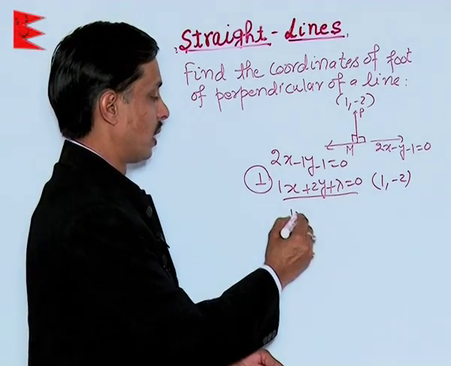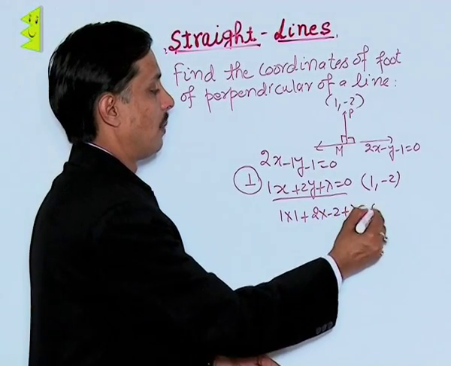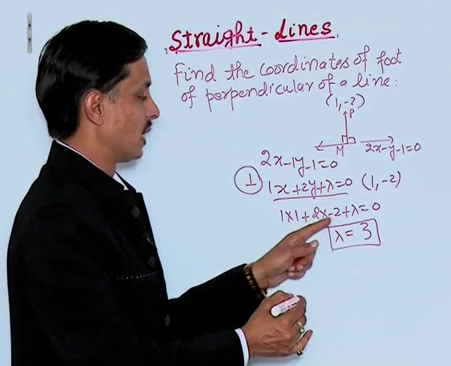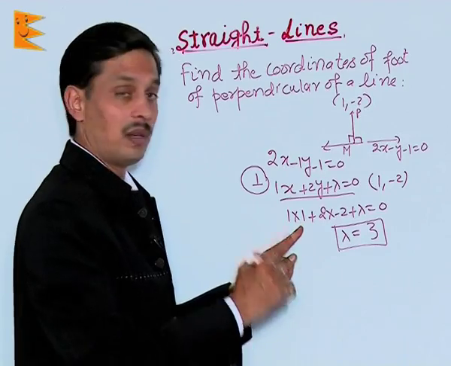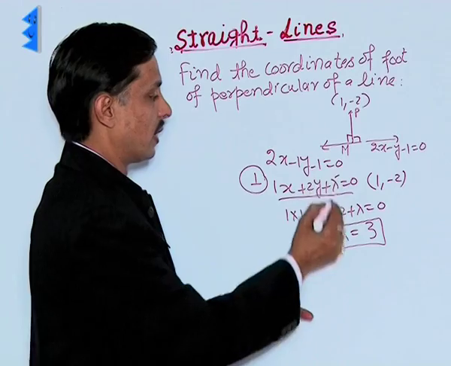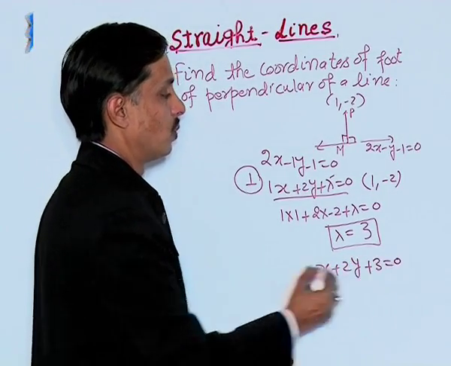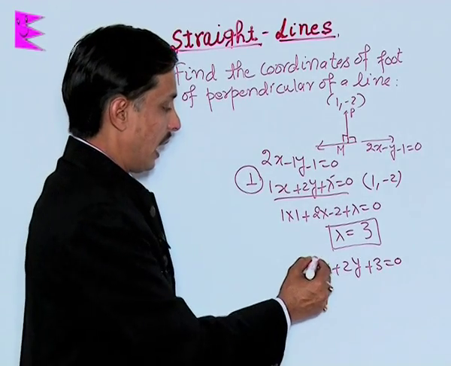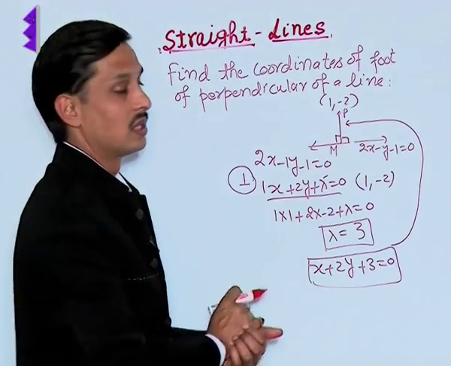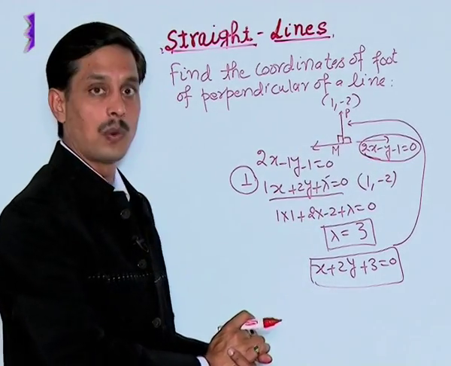So in place of x and y, 1 into 1, 2 into minus 2 plus lambda is equal to 0, that is lambda is equal to 3: minus 4 plus 1 becomes minus 3, so lambda is 3. If we replace it here, this will be x plus 2y plus 3 is equal to 0. This is the equation of this line, and the other is the equation on which the perpendicular is falling.